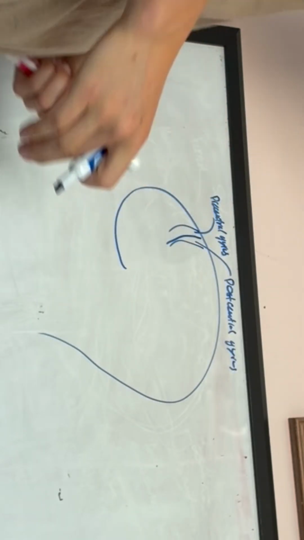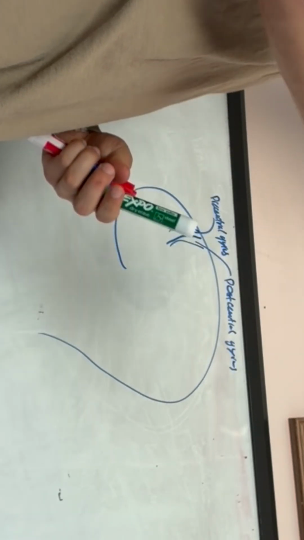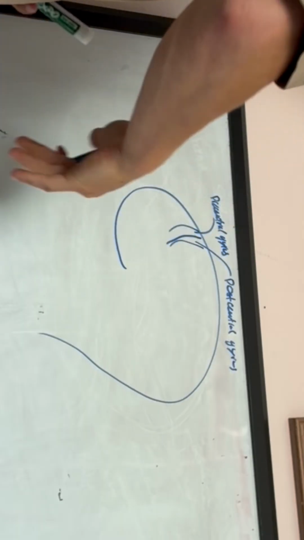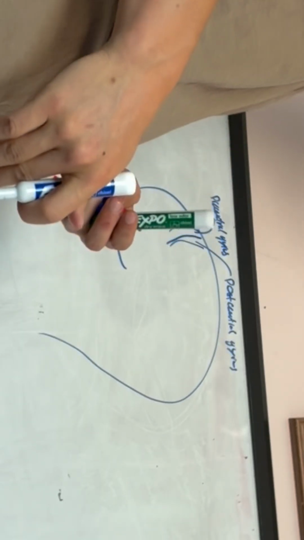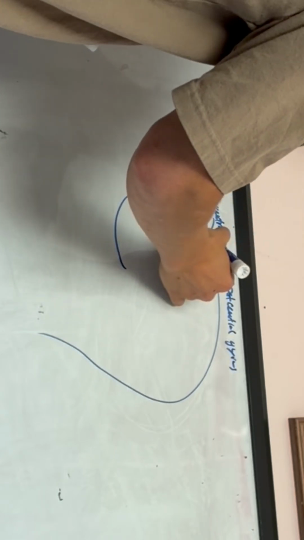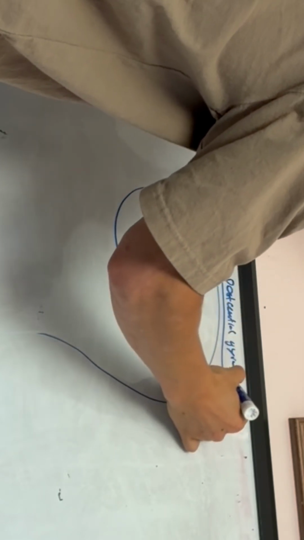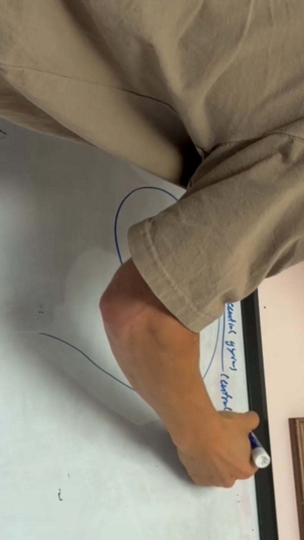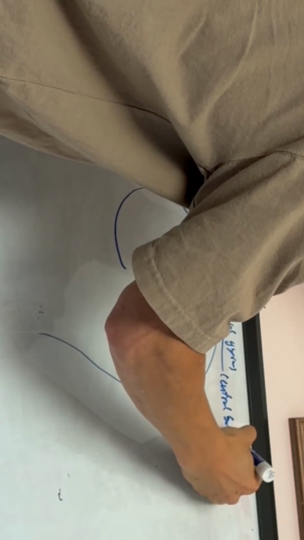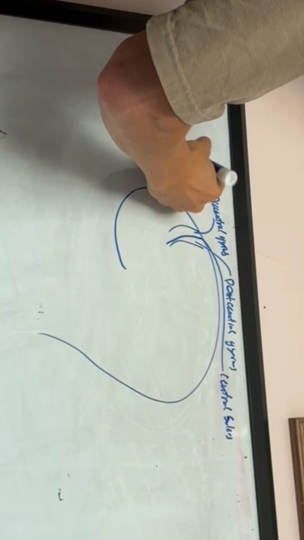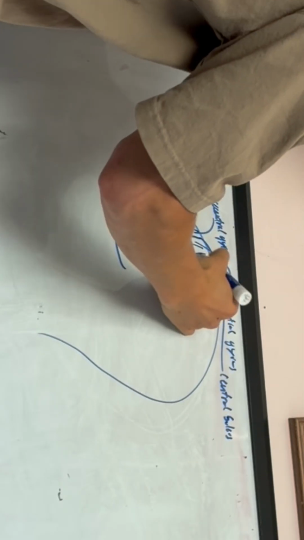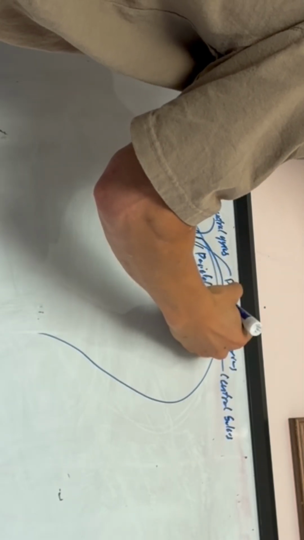The sulcuses divide the lobes in between each other. For example, this central sulcus is dividing the frontal lobe from the parietal lobe. This is the central sulcus. Frontal lobe, parietal lobe.